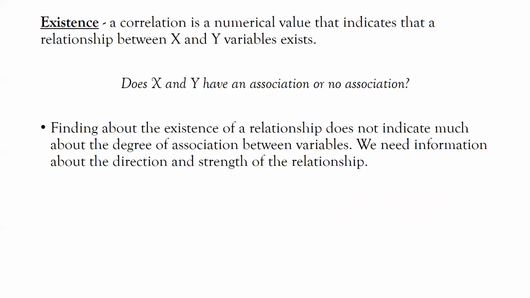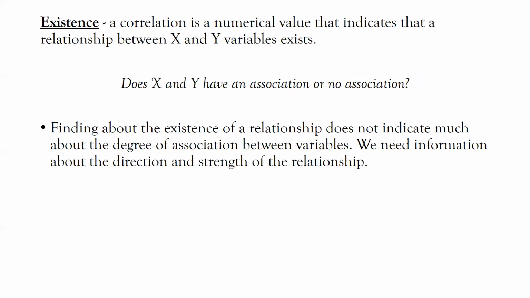So when we say existence, this is what we pertain to. A correlation is a numerical value that indicates a relationship between X and Y variable. So as I said, just simply look at if there's a numerical value that corresponds to the relationship by computing the correlation coefficient, and you can already tell if a relationship exists. But as researchers, we are not just interested in finding out if relationships exist.